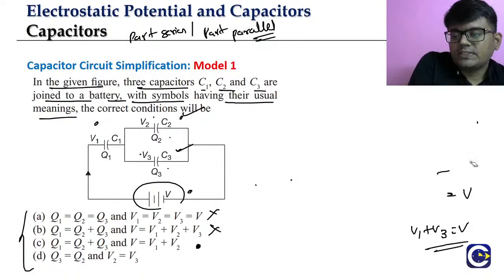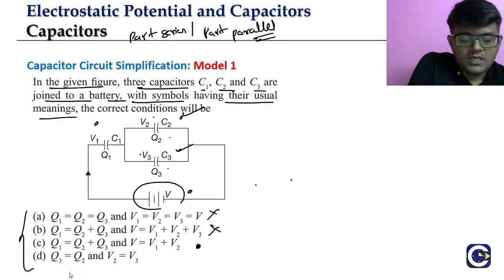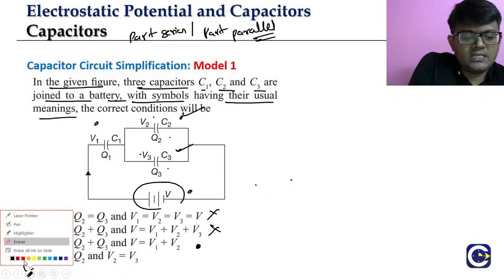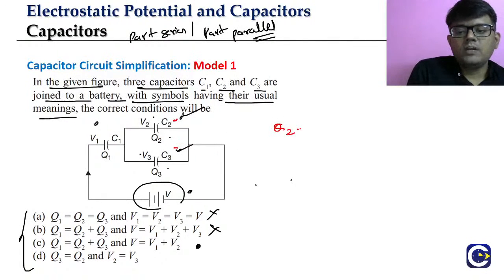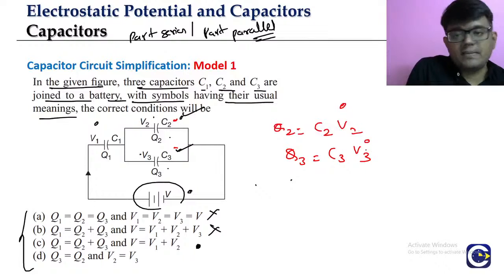They have the same potential difference but different capacitance, right? One capacitor has capacitance C2 and the other has capacitance C3. So Q2 is equal to C2 into V2, and Q3 is equal to C3 into V3. V2 and V3 are the same because it is a parallel combination, but C2 and C3 are different.